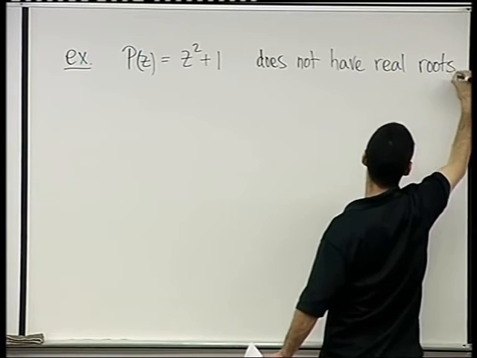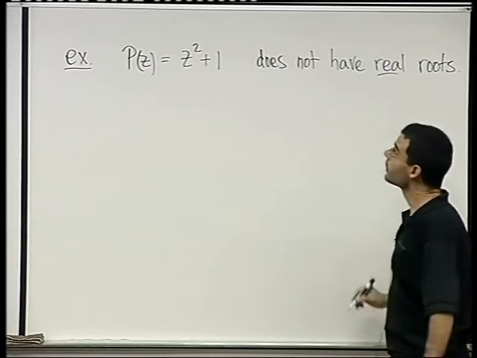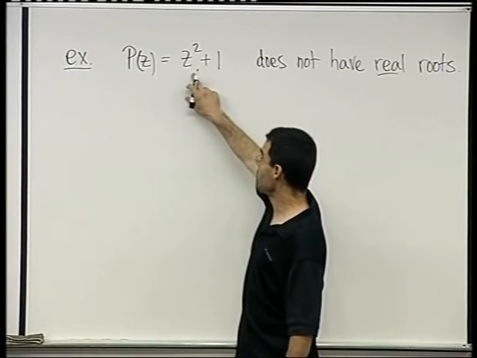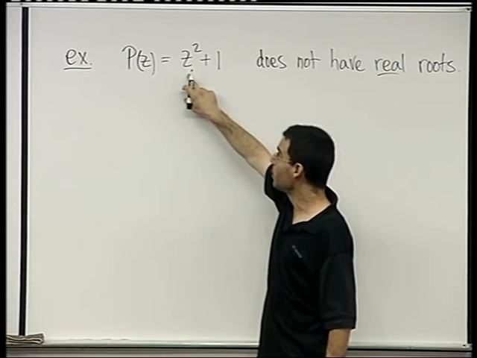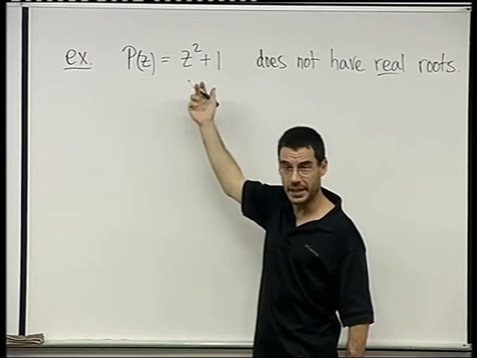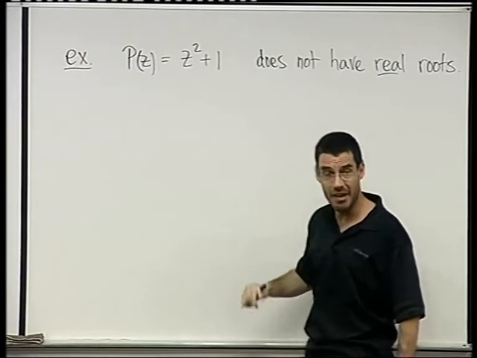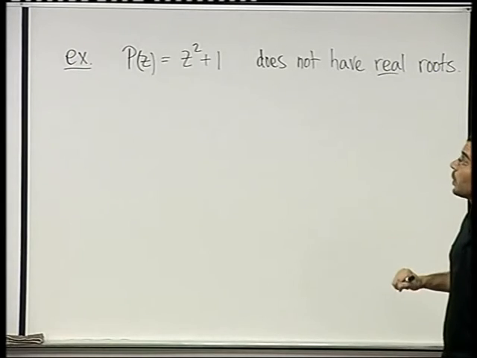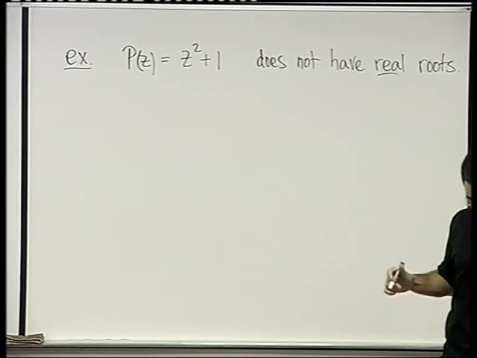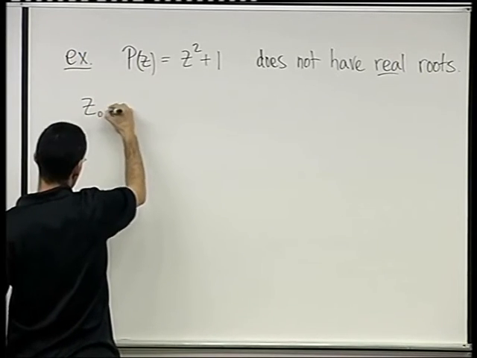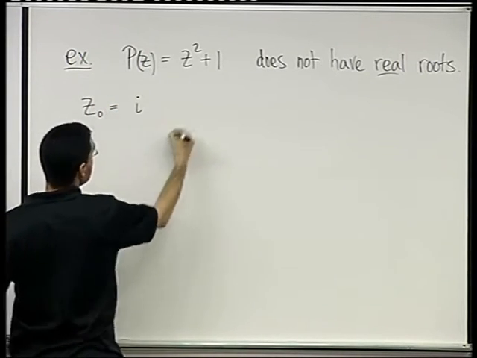There are no real numbers that we can plug in here and get 0, because every real number, when we square it, gives something non-negative. When we add 1, we get something strictly positive, and therefore we could never get a 0 when working over only real numbers. However, z0 equals i is a root.